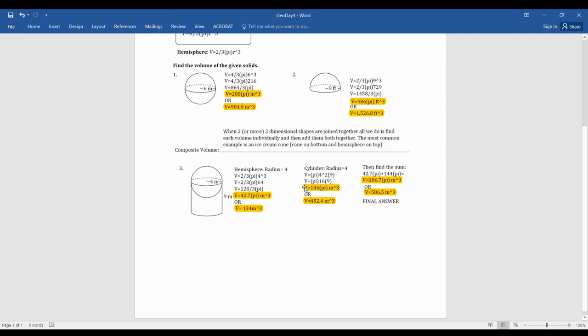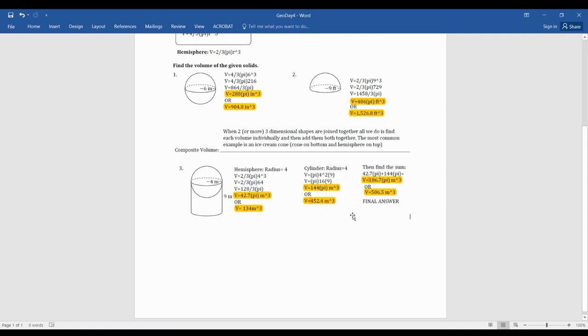So then I'm multiplying volume equals pi of 4 times 4 is 16. So pi 16 times 9. I multiply those two together, and I recognize that the volume of my cylinder is 144 pi meters cubed. Again, I can multiply that by pi and get the decimal answer of 452.4 meters cubed.